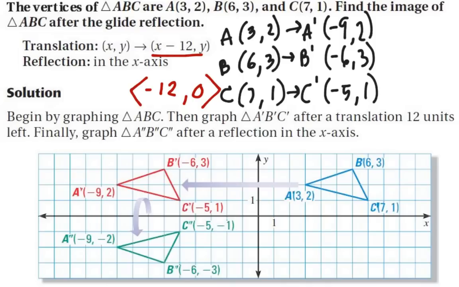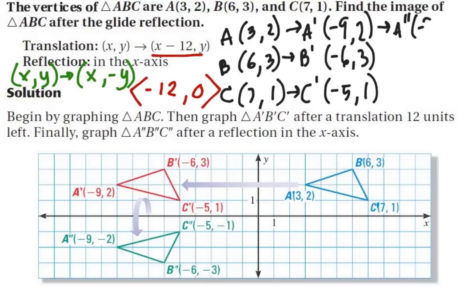Now I need to do another process to do the reflection. Remember that the rule for a reflection in the x-axis is keep the x-coordinate the same and change the sign of the y-coordinate, which I've written down in green there. Moving on then to do the reflection, I'm going to get a double prime, because it's got to have a new prime to it.